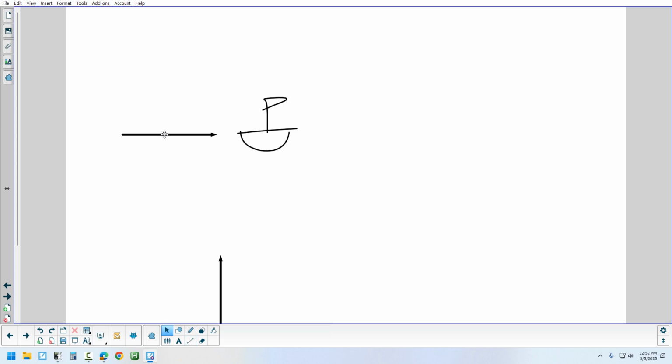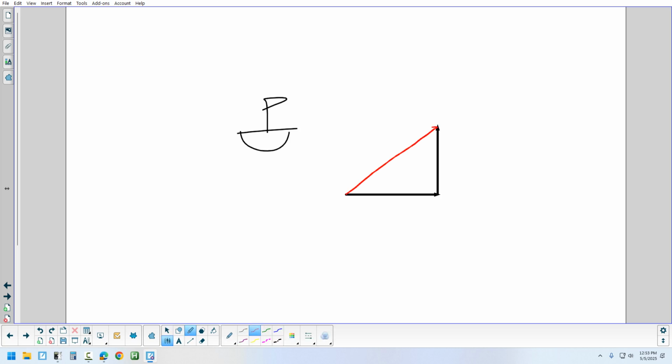Now, pretend this was a little boat, and you put a fan on it. If we put a fan pointing up and to the right, the boat's going to go diagonal, up and to the right. It's basically going to do this with this, and the result is going to be that.